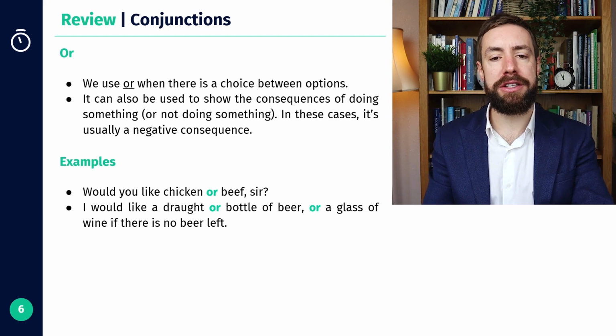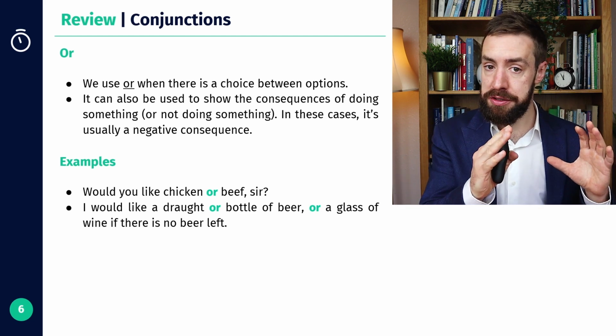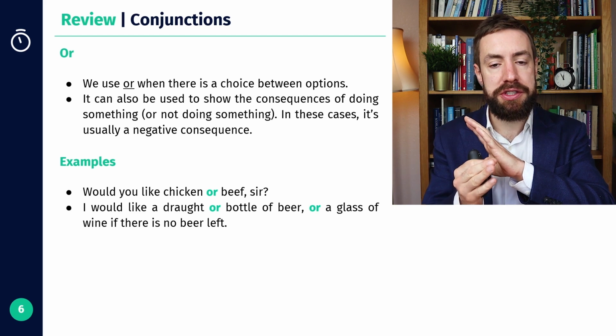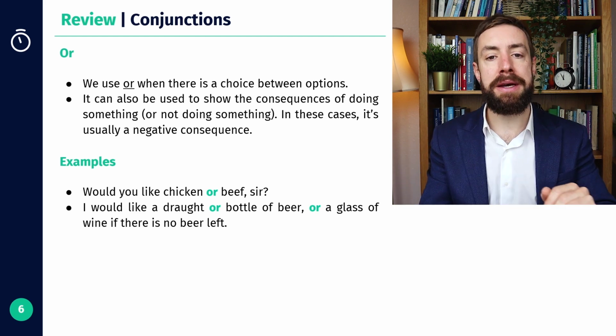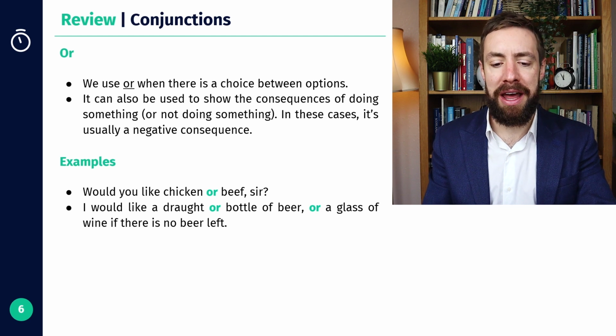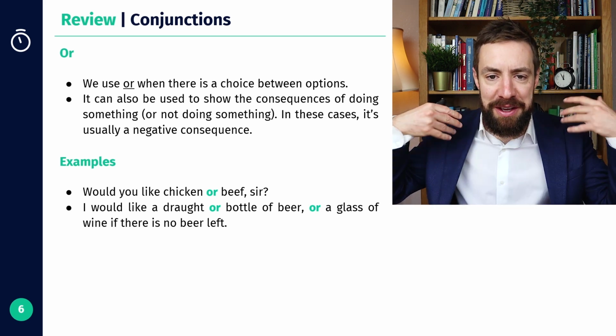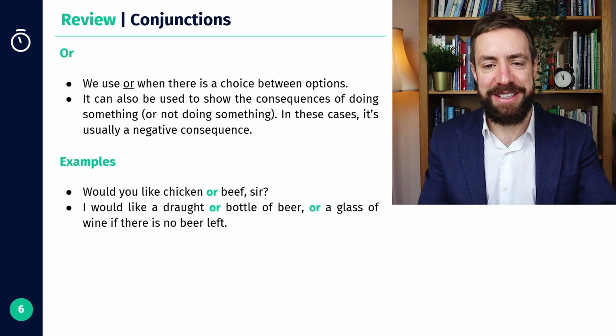So I would like a draft or bottle of beer. That one is one clause. And then the second clause needs to be separated by a comma. If we didn't have a comma, we would read it like, I would like a draft or bottle of beer or a glass of wine if there is no beer left. It would be like we're just vomiting words. So that's not good.